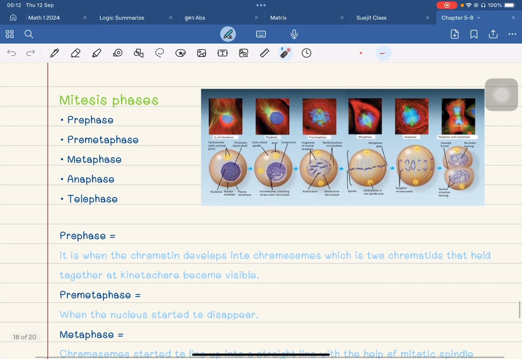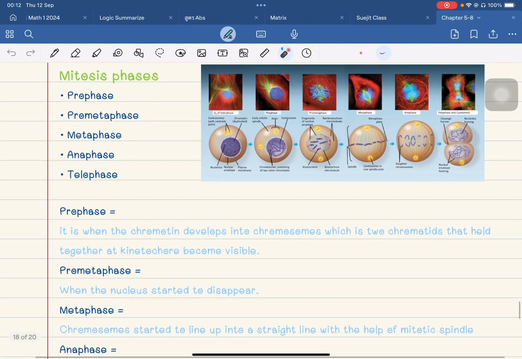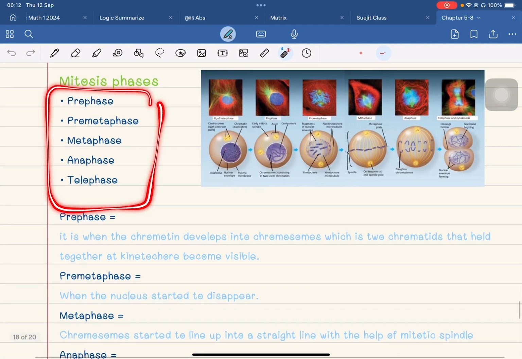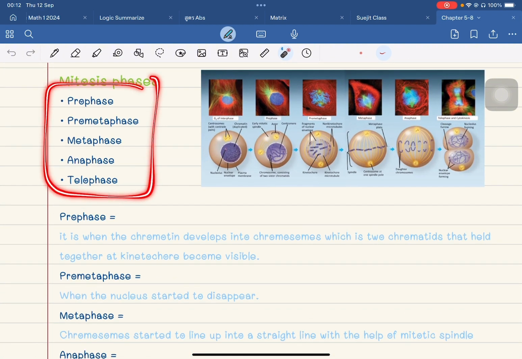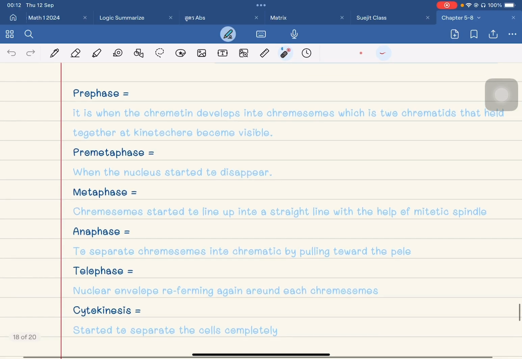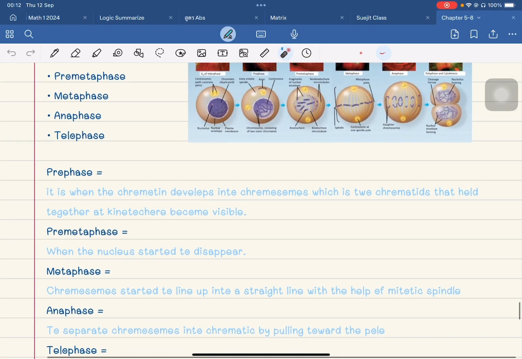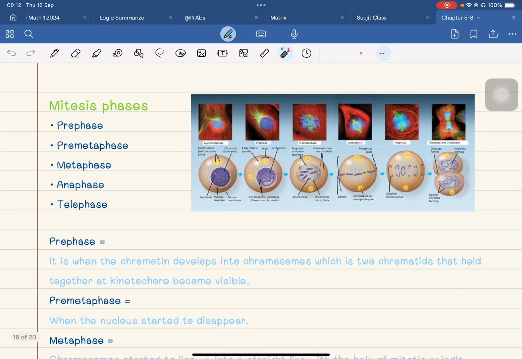So these are the stages of the mitosis phase. First is the prophase. The prophase is when the chromatin develops into chromosomes, each of two chromatids held together at the kinetochore, becoming visible.